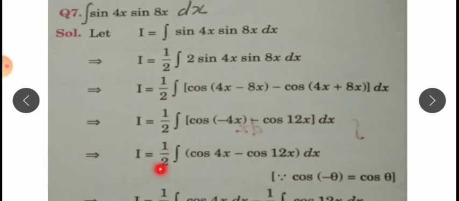I is equal to 1 upon 2 integration cos 4x. You know that cos minus theta is cos theta. That's why it is integration (cos 4x minus cos 12x).